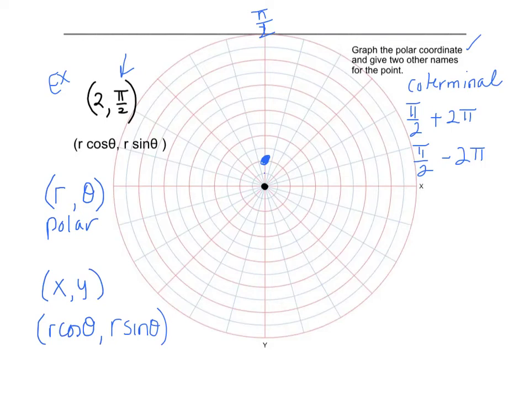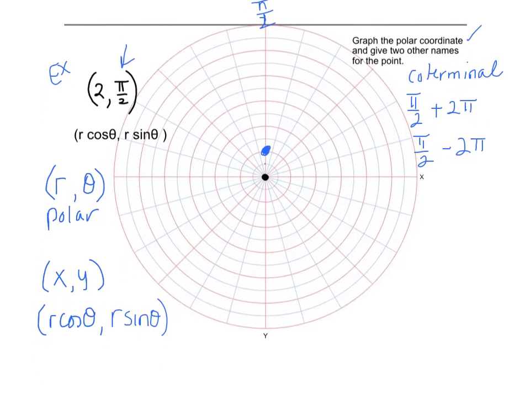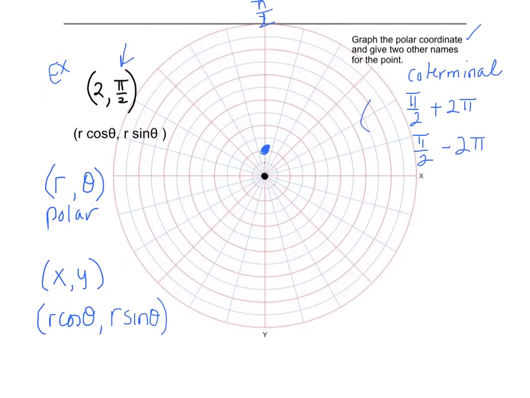So that would be one possible way to get 2 other coordinates, right? If you just find 2 angles that are coterminal with the given angle, and then write the 2 in front of it, and you're good. So you would write a 2 in front of that, and a 2 in front of that one, and you've got it. That would be 5 halves, would it not? Yeah, 5 pi over 2.